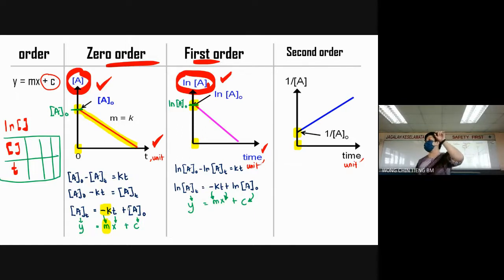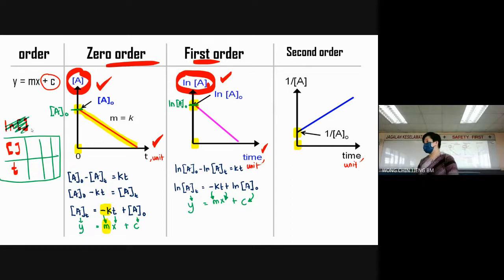Dan kita akan buat teruslah sama ada ln atau 1 over concentration. Tapi kalau dia hanya bagi tahu concentration versus time dan dia minta linear graph, ada 3: concentration versus time, ln concentration versus time, 1 over concentration versus time. Aku nak buat yang mana?